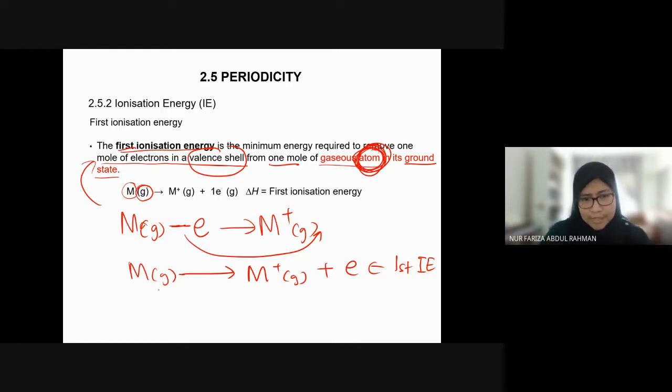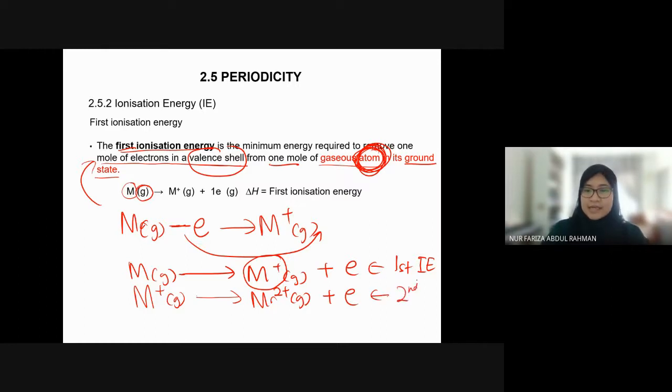Okay, alright, so kalau nak second ionization energy, so it should be from M plus. Okay, so dia akan jadi M plus, buang elektron, so dia pindah di other side, so dia akan jadi M2 plus in gas state plus electron. This is what we call second IE.